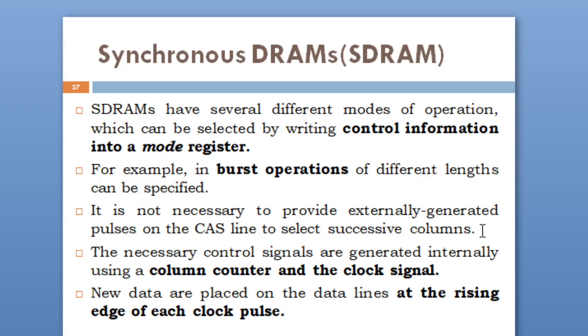The clock signal is going to decide when to send the data and when to stop sending the data, and the entire data transfer synchronization is controlled by this clock signal. The necessary control signals are generated internally using the column counter and the clock signal. New data are placed on the data lines at the rising edge of each clock pulse. So only in the positive clock edge will the data be placed on the data bus.